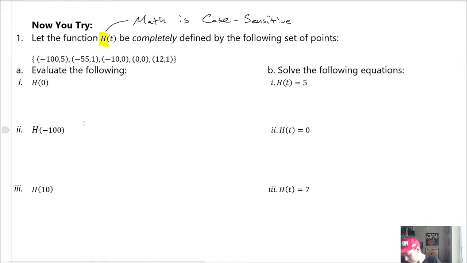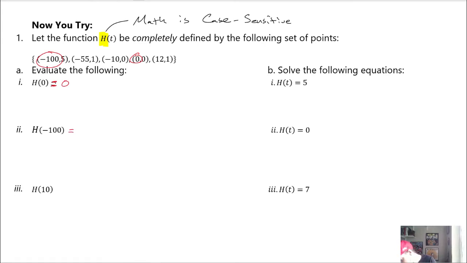And so we want to start in part A, part I, with capital H of 0. So I look for where 0 is an input. That's in the fourth point. The output here is 0. So we can just say capital H of 0 equals 0. And then the second problem, part A, part II, capital H of negative 100.